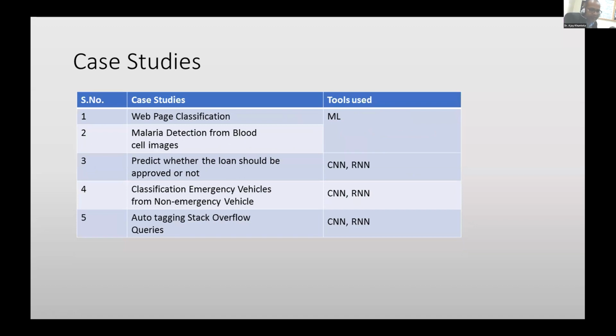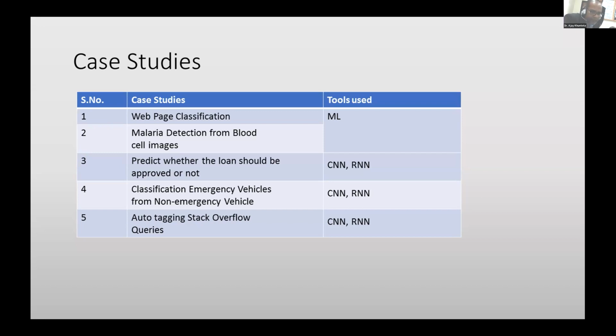Like malaria detection from blood cell images, to detect whether somebody is infected with malaria. We can do it with image processing and machine learning algorithms. For banking purposes, predict whether the loan should be approved or not based upon their CIBIL score. The tools required are CNN and RNN. These are very simple projects for students who are in their final year.